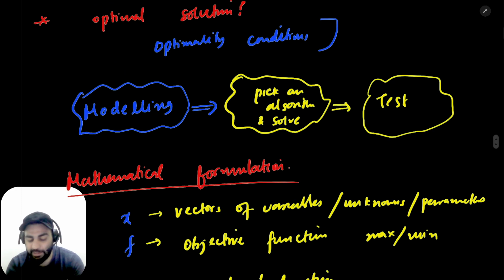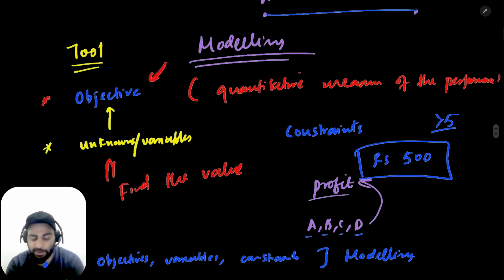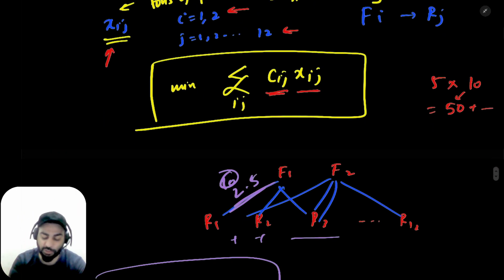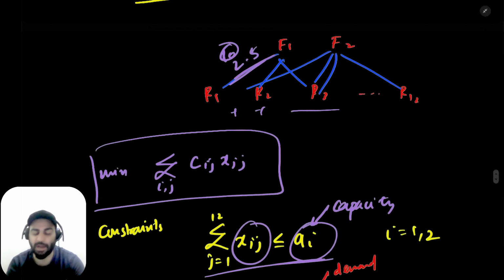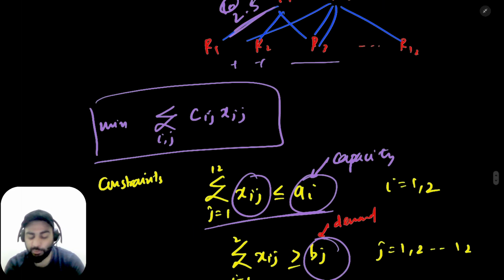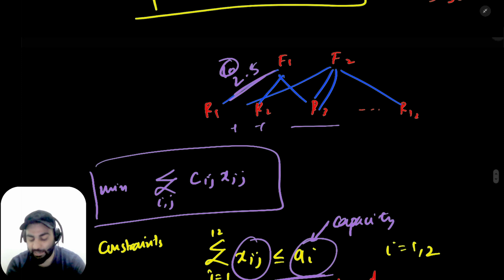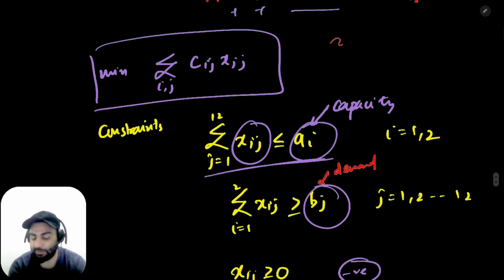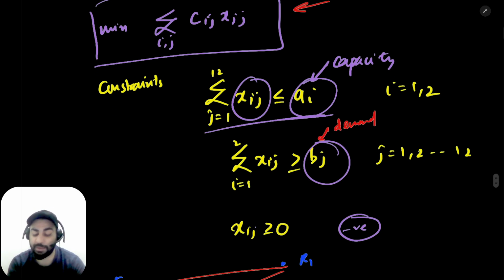In the modeling, we find an objective and the unknowns associated with the objective. Then we find constraints. The objective was to minimize the cost. Then I introduced the variables Cij, Xij, Ai, Bj, made an objective, and then put some constraints.